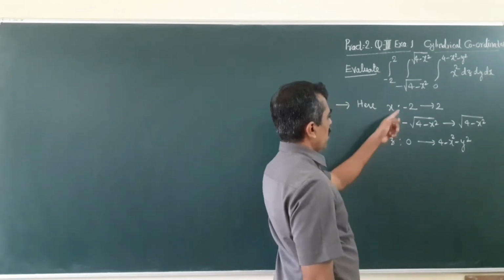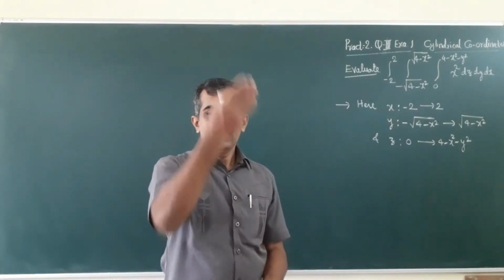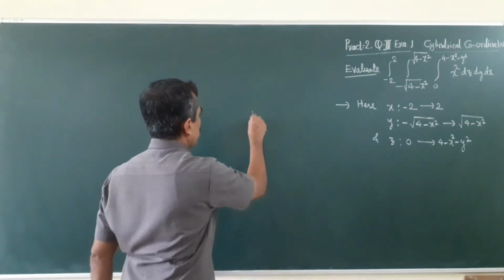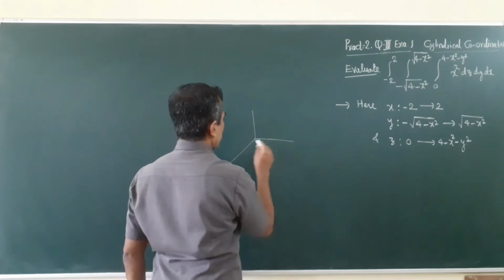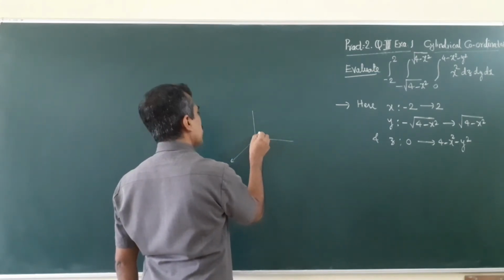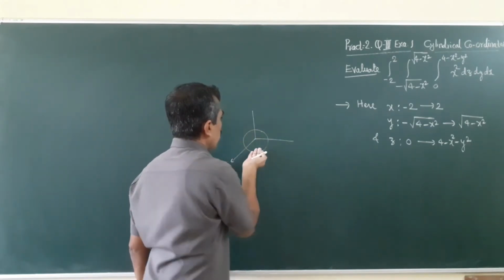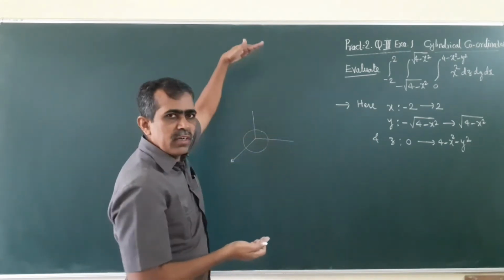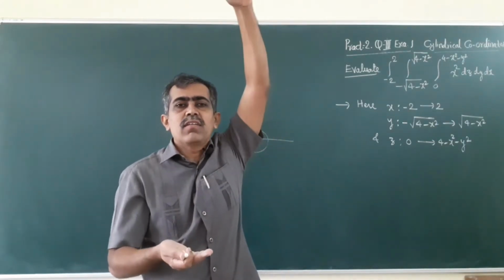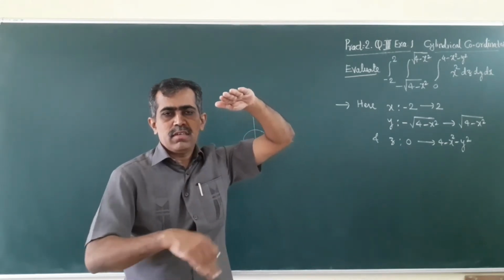Now, see, z always gives us height in cylindrical coordinates. For example, consider a circle, and if you give height to it, say you put circular discs on one another. The base is a circular region.